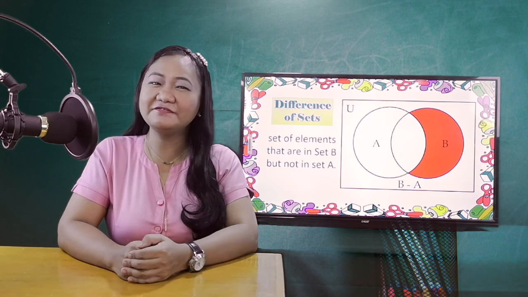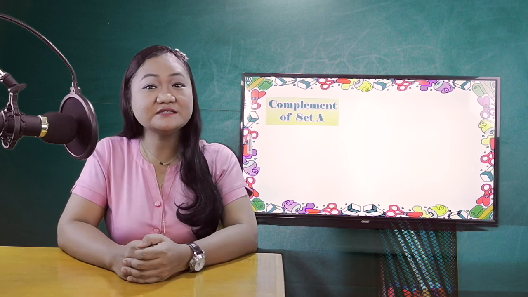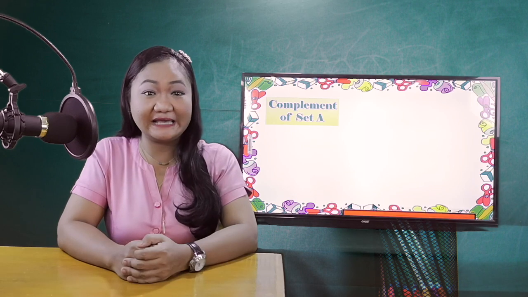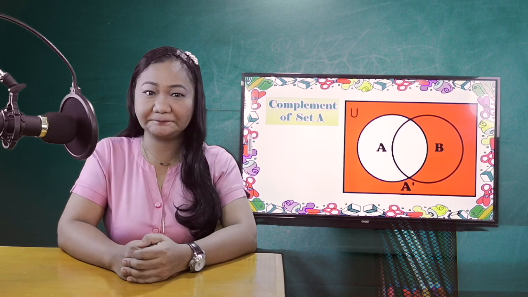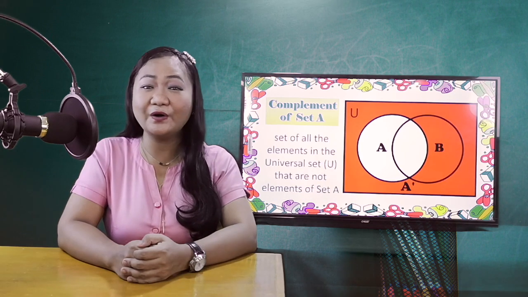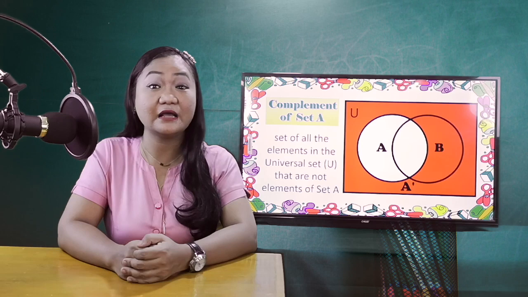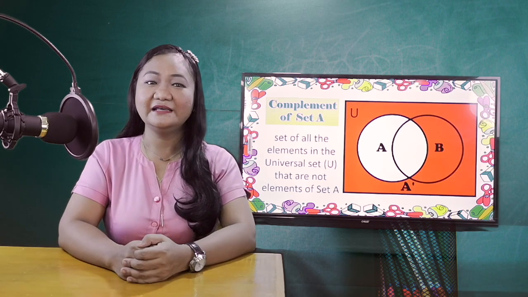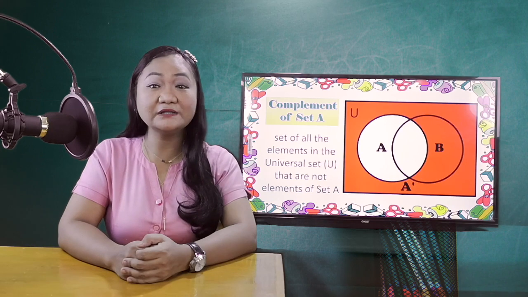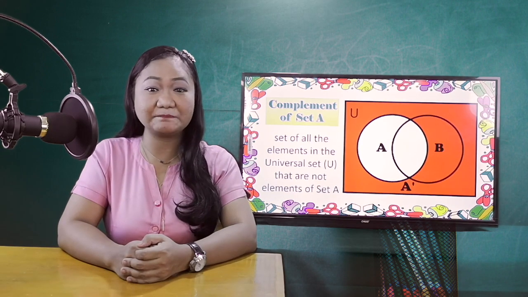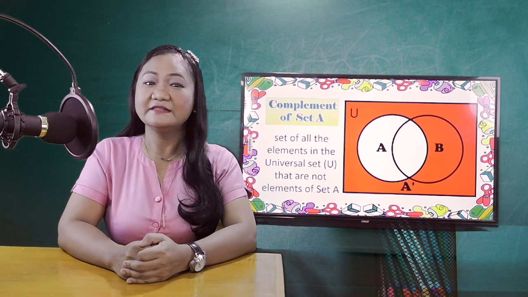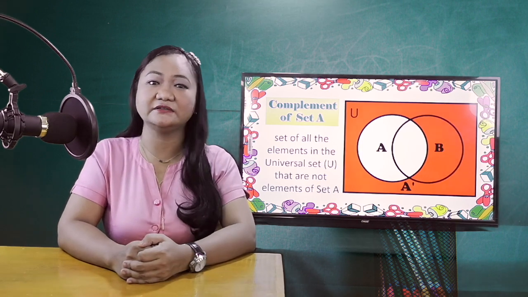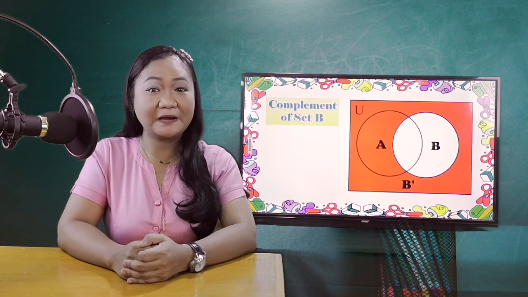Lastly, we have the complement of a set. In symbol, this is read as the complement of set A or A prime. This is the set of all the elements in the universal set U that are not elements of set A. In the Venn diagram, all the parts are shaded except set A. The same goes with the other illustration, read as the complement of set B or B prime.